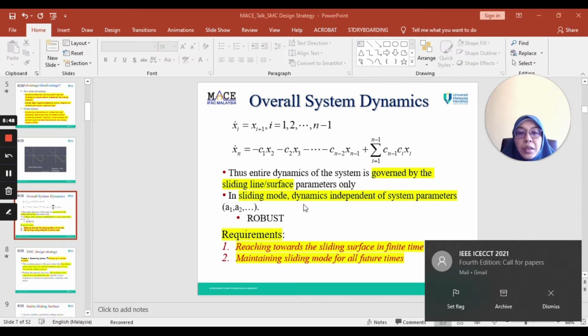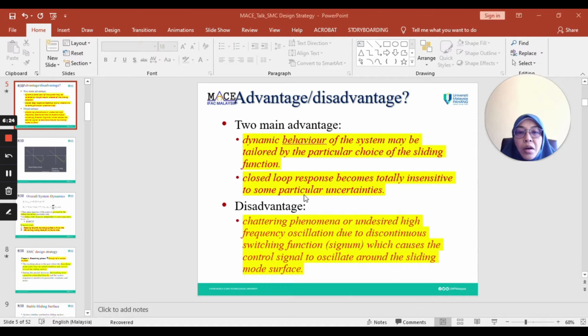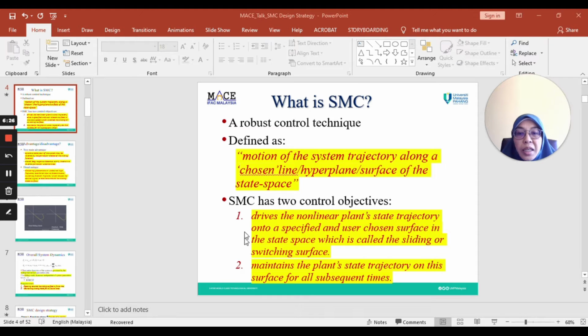In our sliding surface, we don't have any system parameters. So it is robust. The requirements when we design this SMC are that we want our system to reach the sliding surface in finite time, and we are able to maintain the sliding mode for all future times. So these are the two requirements. Then only can we achieve the objective of this SMC.